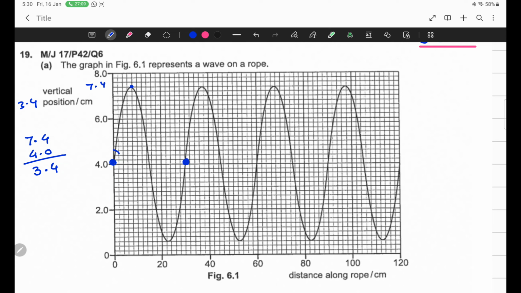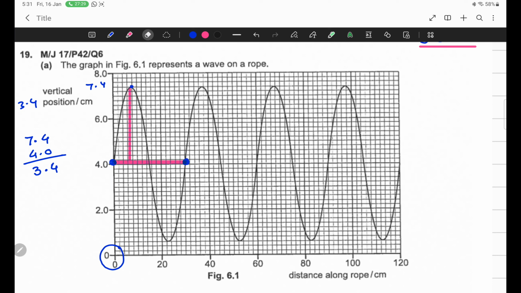The starting point is 0. Actually, wavelength is along the x-axis, the horizontal axis, and amplitude is along the vertical axis.